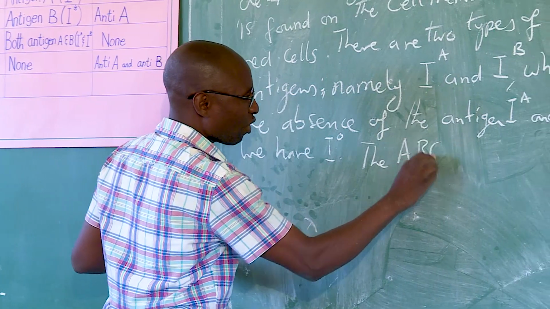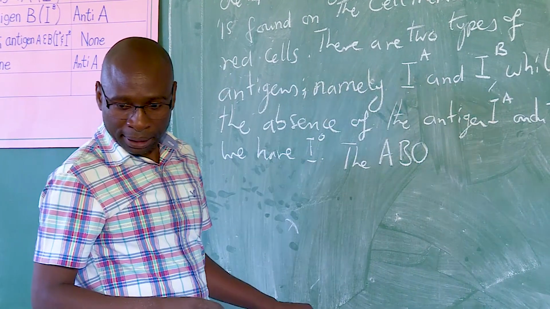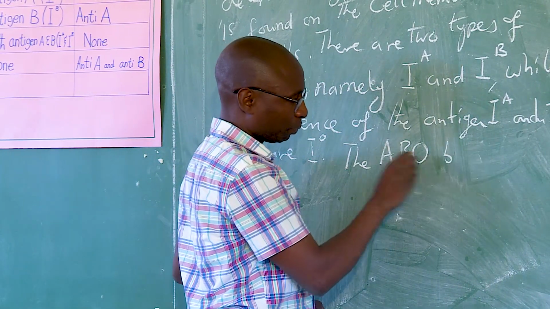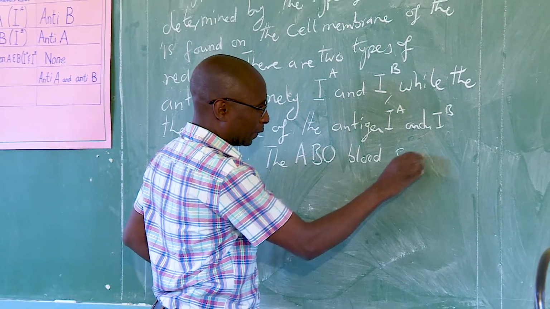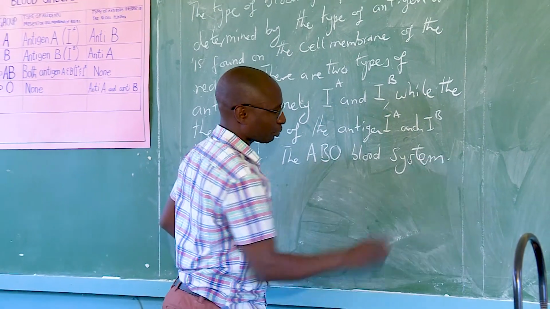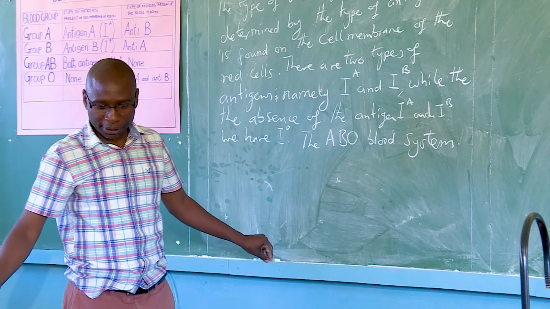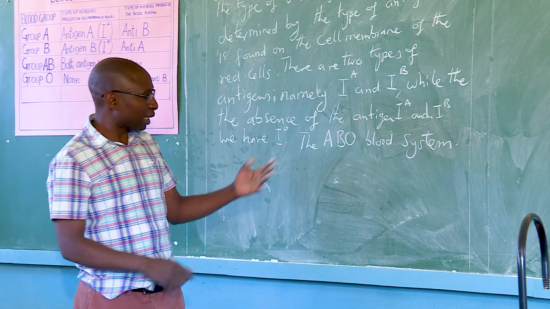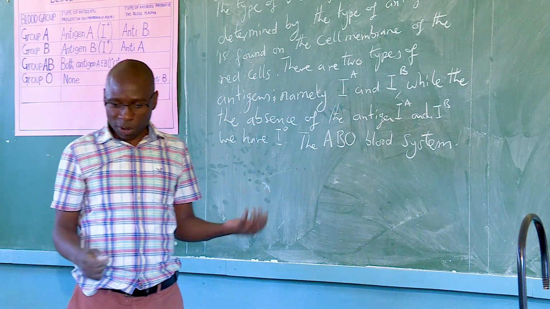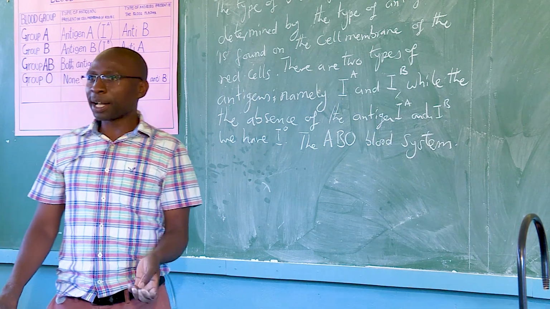The ABO blood group system. That's the system which you are going to find. Okay? Because of that, those are the ones which are going to give us the possible 4 blood groups.